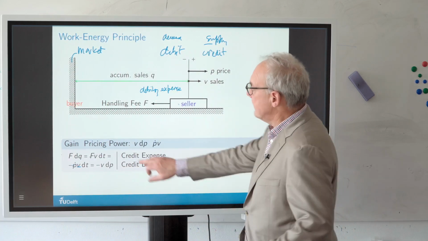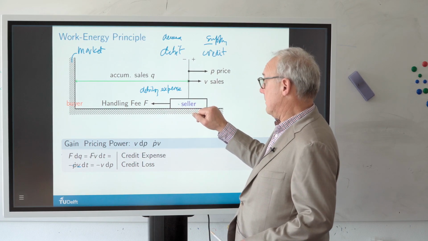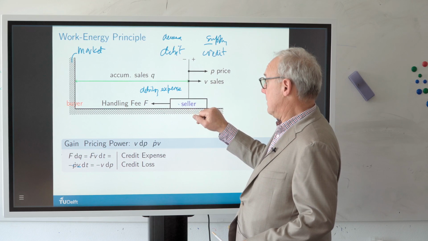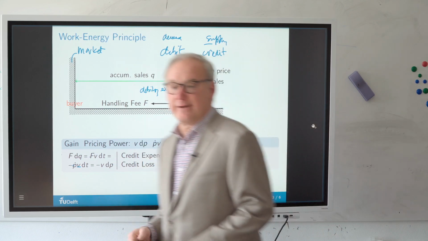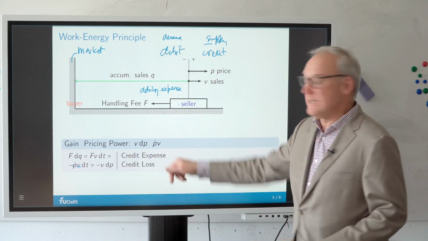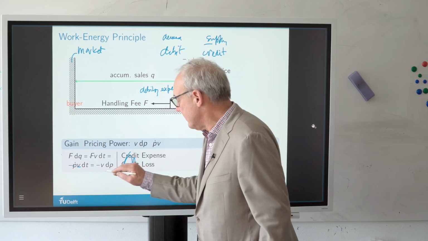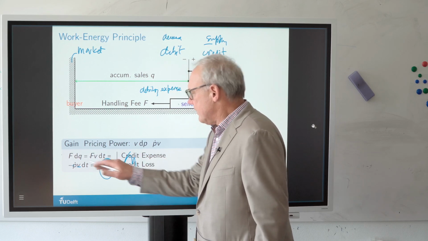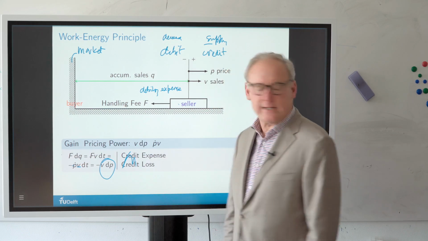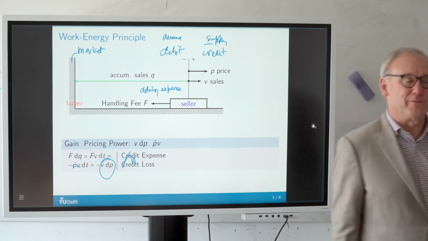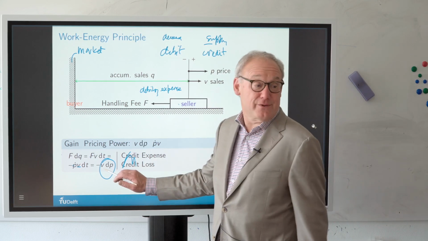So where I'm crediting the expense here, wait a minute. Yeah, I did this the wrong way around, but whatever. You've got to debit the expense, and then you debit your loss. This is the loss, all right? Well, let's not worry about this for a moment. I switched the sign because I took this to be positive. I see what happened here, but don't worry too much about it. So this is a loss that you're going to make on the sale, right?